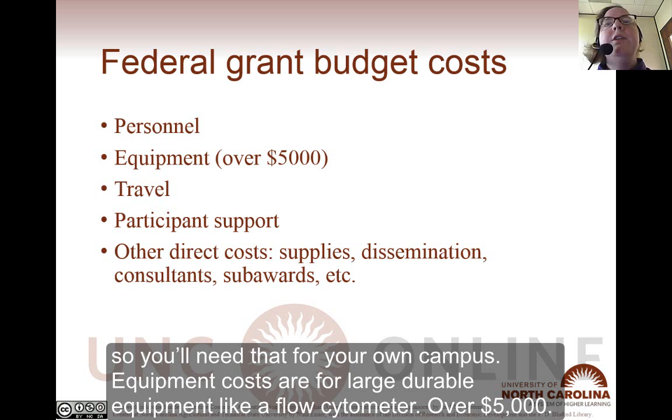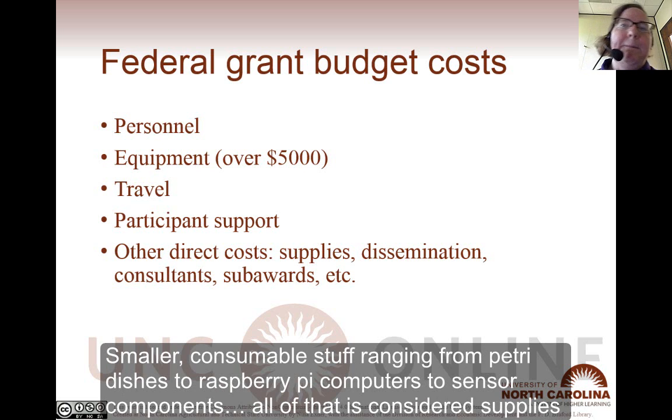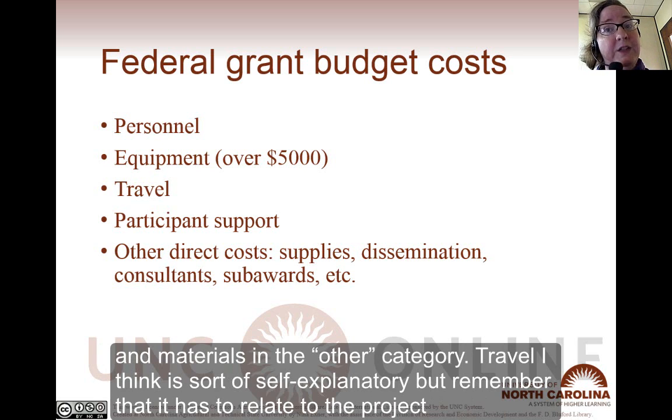Equipment costs specifically are for large durable equipment like a flow cytometer, over $5,000. Smaller consumable stuff ranging from Petri dishes to Raspberry Pi computers to sensor components, all of that is considered supplies and materials and falls in the other category.